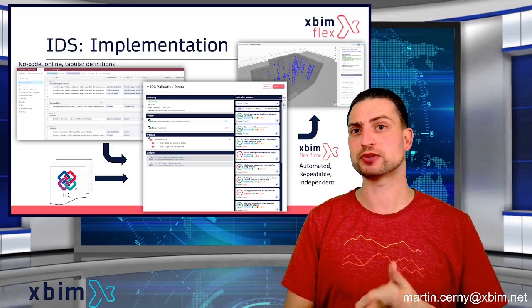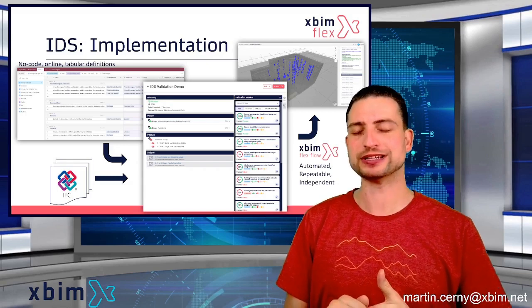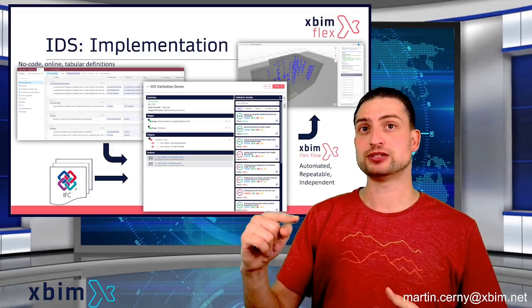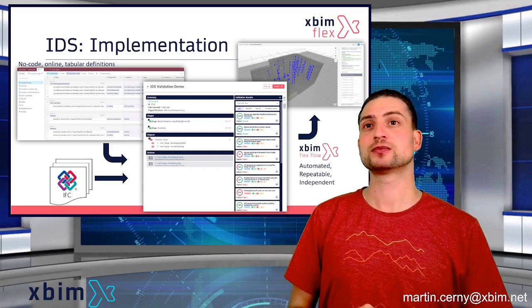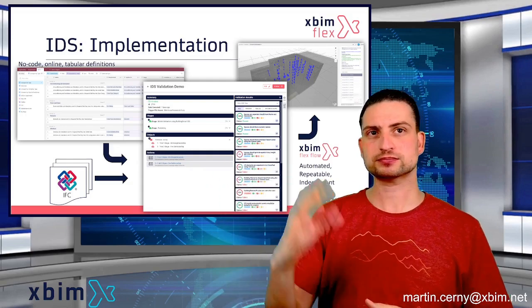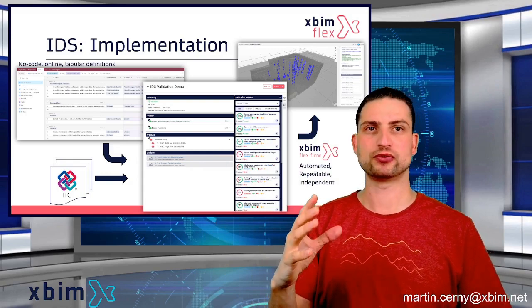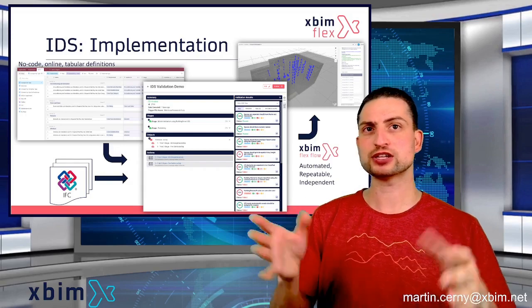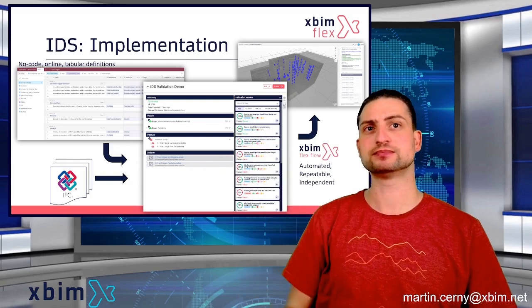So we used a third-party tool called Airtable. That is connected to our automated service, so we can actually read from there, get the IDS rules, run the validation engine, and get the results with a nice overview like you can see there.